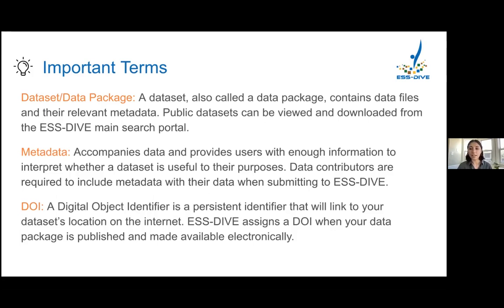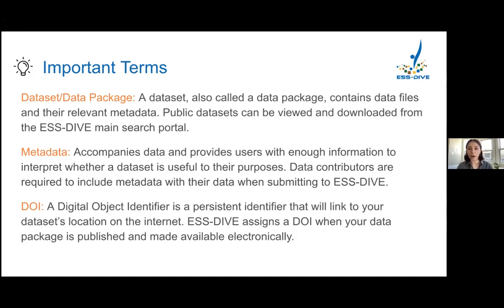And then metadata is a crucial part of these packages. It provides information that's vital to the use and reuse of the data, such as the purpose, the contents of the data files, the methods of data collection, and more. And lastly, publishing data packages with a digital object identifier, which it seemed like a good amount of you were familiar with, allows users to access your data through an unchanging persistent identifier.